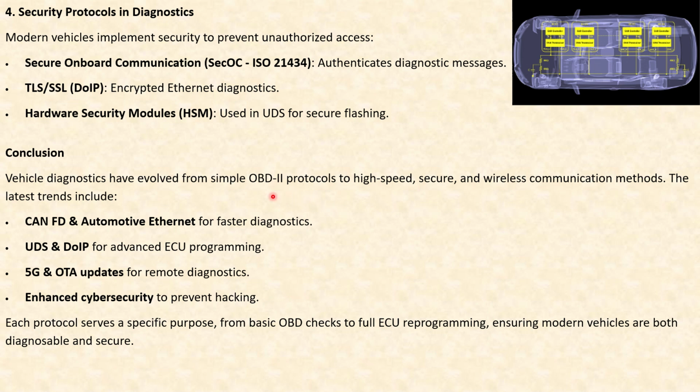So from OBD, which limited itself to only the health of the engine, diagnostics has now spread into various parts like ADAS, infotainment, cockpit, and also body modules. And for all those diagnostics, various protocols like CAN FD, UDS, 5G, OTA, and enhanced security have come into the picture. Each protocol serves a specific purpose, from basic OBD checks to full ECU reprogramming, ensuring modern vehicles are both diagnosable and secure.